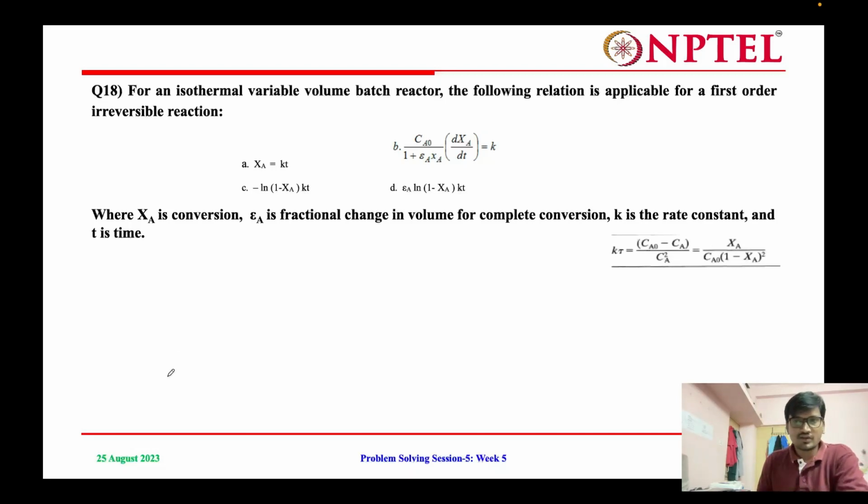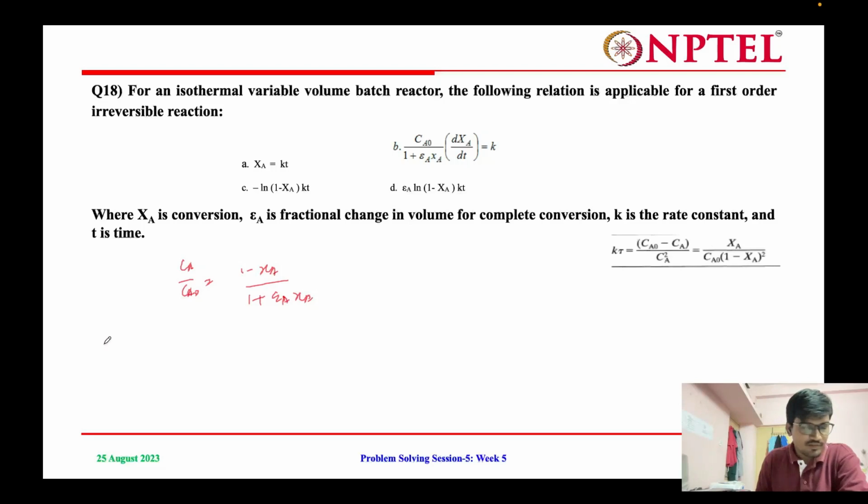The first order kinetics is mentioned there. As you know, CA by C naught equal to (1 minus XA) over (1 plus epsilon A XA).